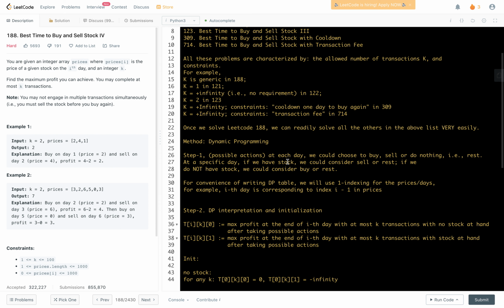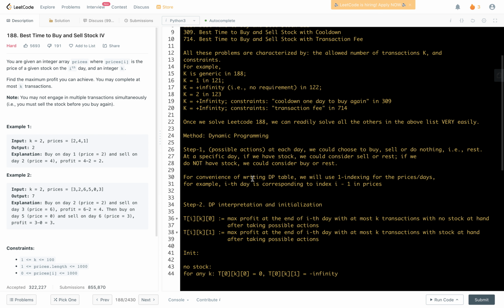We could choose to buy, sell, or do nothing at each specific day. If we have stock, we could consider to sell or rest. Rest means do nothing. If we do not have stock on that day, we could consider buy or rest.